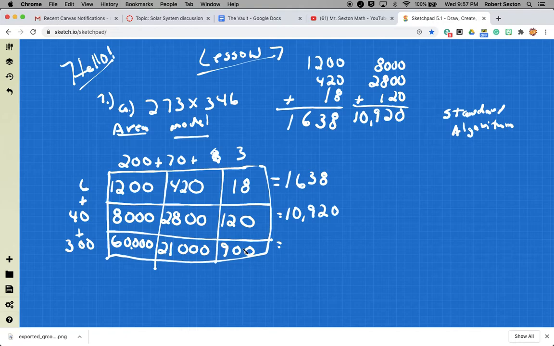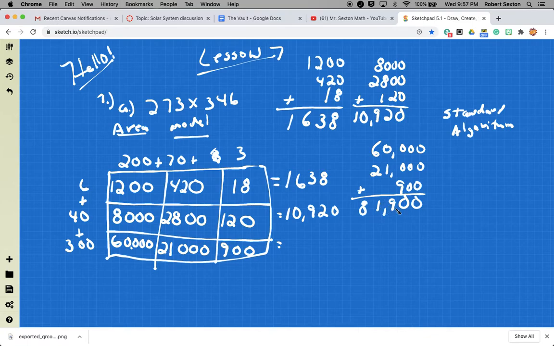This bottom row is going to be 60,000 plus 21,000 plus 900. 0, 0, 0, 0, 0, 0, 9, 1, 8.